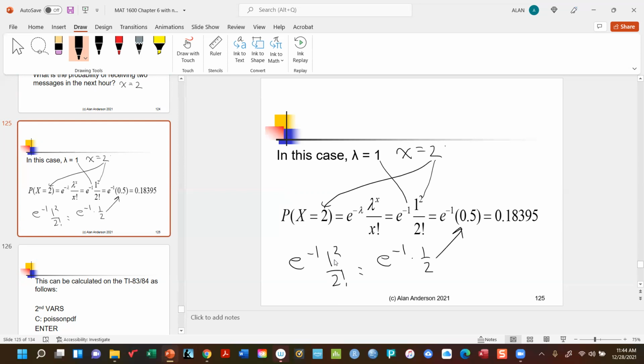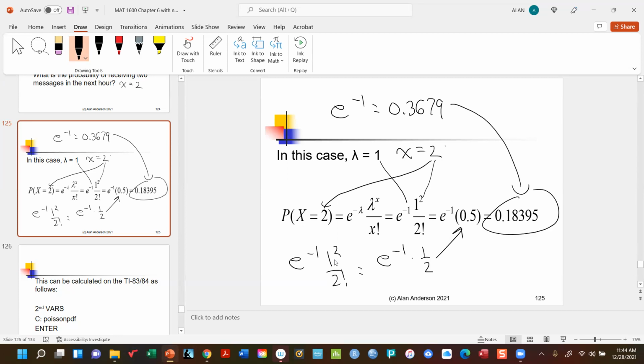So what we're essentially doing here is multiplying e to the minus 1 by a half. Now, if you go to your calculator, you'll see that e to the minus 1 is approximately equal to 0.3679, approximately. So 1/2 of that turns out to be about 0.1839.